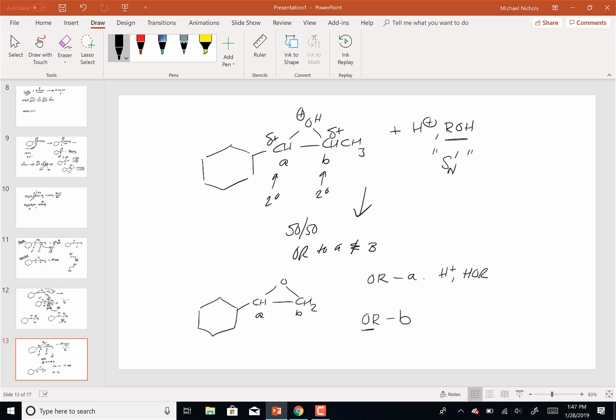But I want to add an OR group. So let's make the RO group a strong nucleophile. What's that? RO minus. Strong nucleophile.